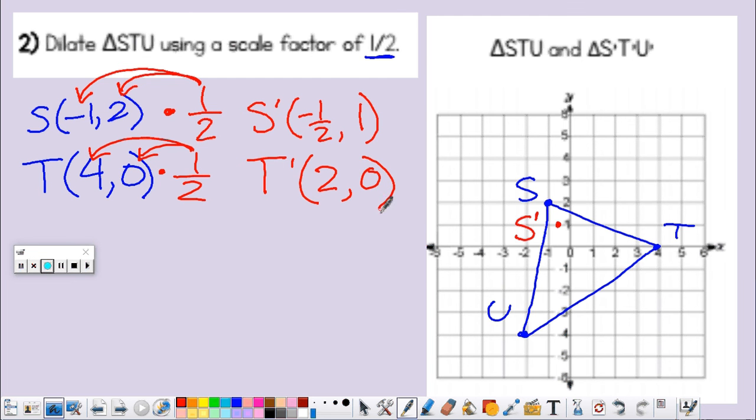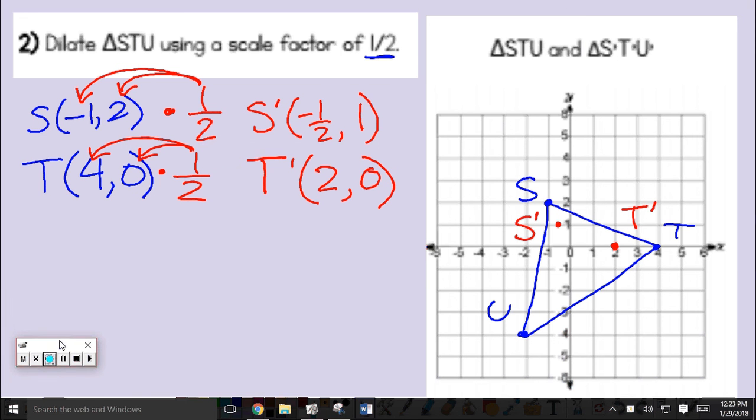Okay? So T prime is going to shrink in to 2, 0. Okay, and notice that there's the space that you can write in the new points on number 4.